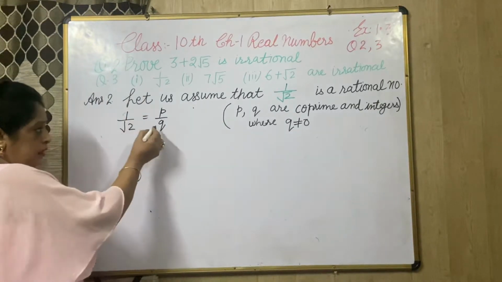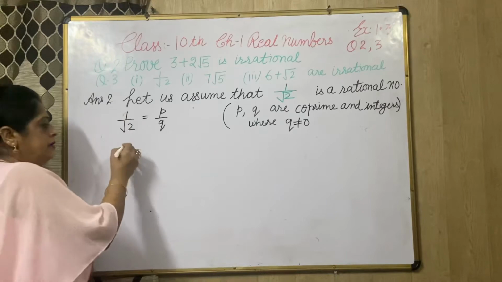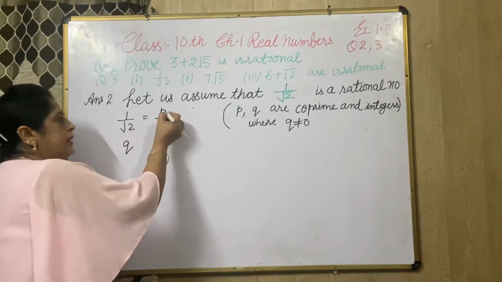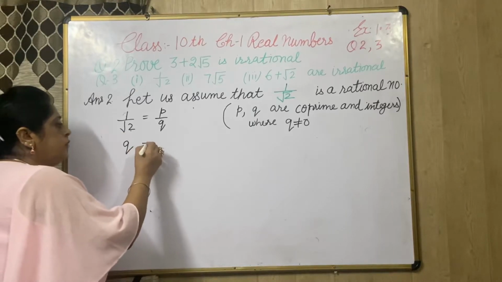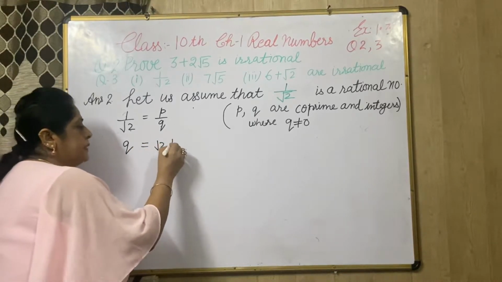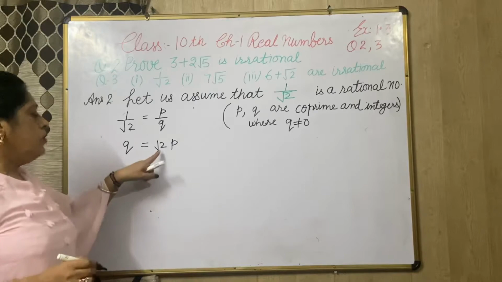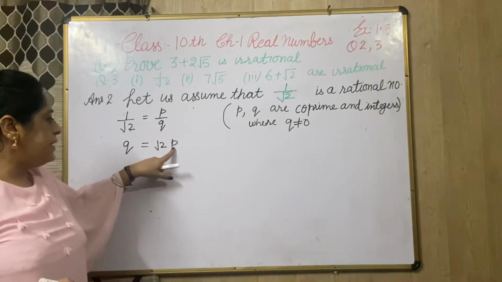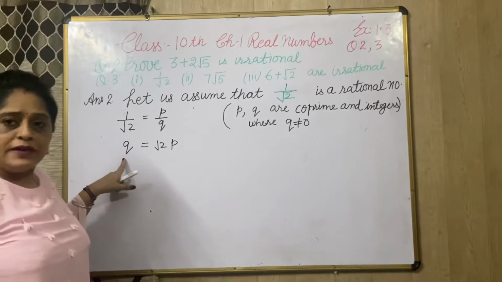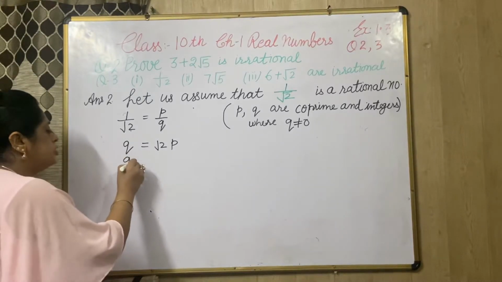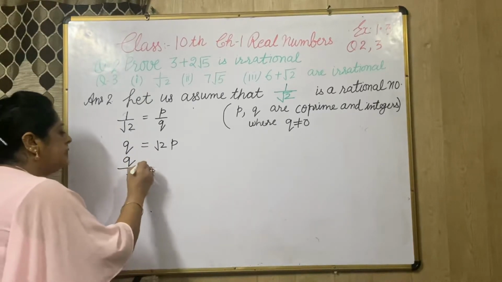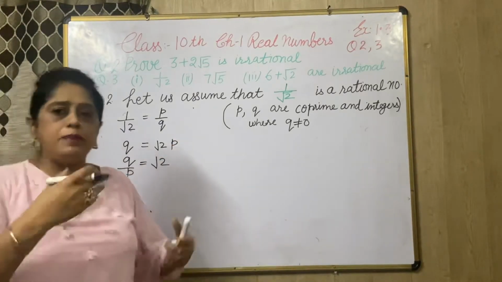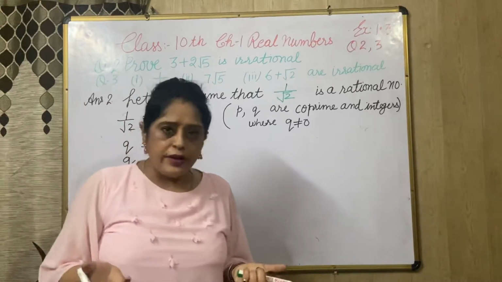Now this q you multiply by 1, so you will get q, and this root 2 multiplied by p, so you will get root 2p. Now it is multiplied here, and this p we can write on the left hand side. So you can write q by p is root 2.